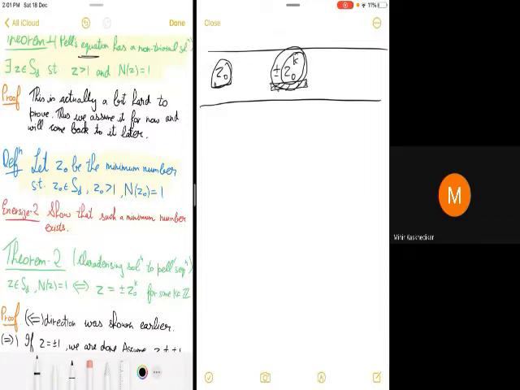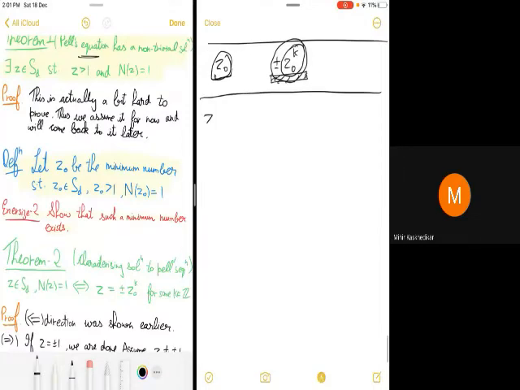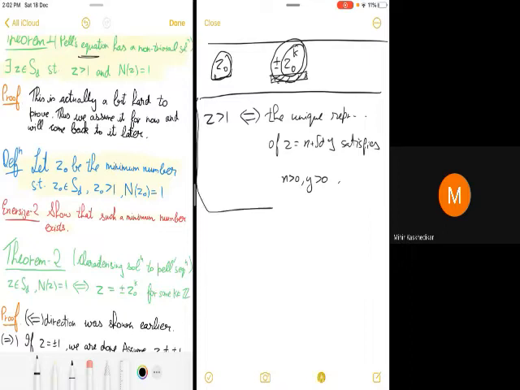Do you remember that we proved Z greater than 1 if and only if the unique representation of Z as x plus root dy satisfies x greater than 0, y greater than 0? Can you use this to directly prove that there exists such a minimum?